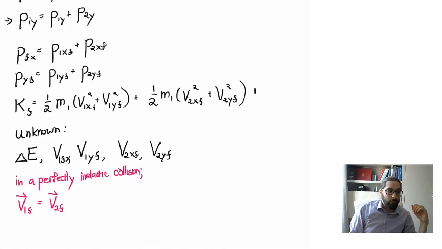I went from 3 equations and 5 unknowns to 5 equations and 5 unknowns, which is solvable, right? In other words, we don't need conservation of energy because conservation of momentum alone will tell us what's happening. If we know the initial momenta of both particles, we can find the final momenta of a single particle. So I hope that that was helpful in understanding conservation of momentum in perfectly inelastic collisions.